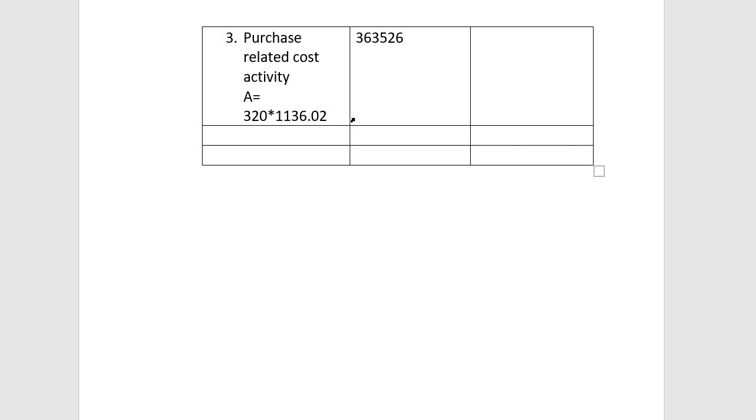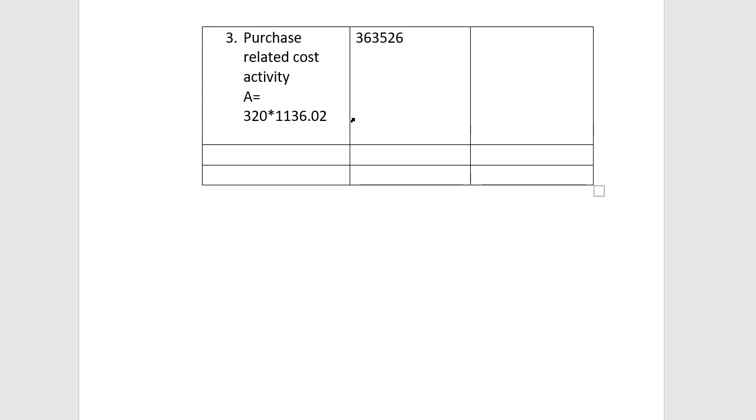Next, for B, 768 purchase orders multiplied by 1136.02 per purchase order. Therefore, the total is 8,72,463.